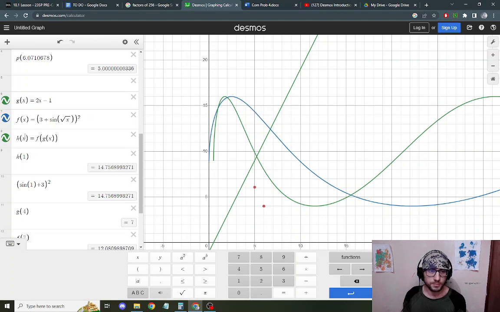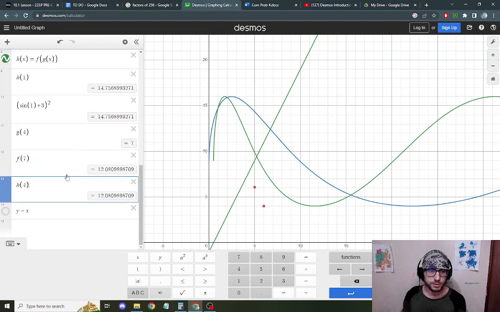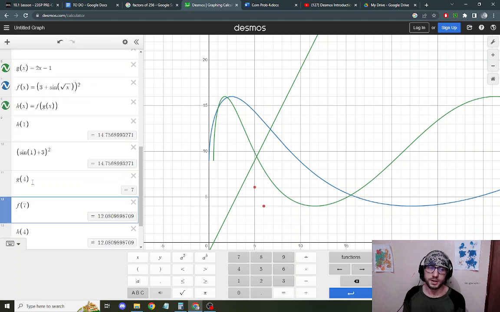But first, whatever I get with g, let's plug that into f. So the output of g is the input to f, which will then be my output for h. So if I put 4 here, like I did for g, I get the same thing as if I put 7 into f.